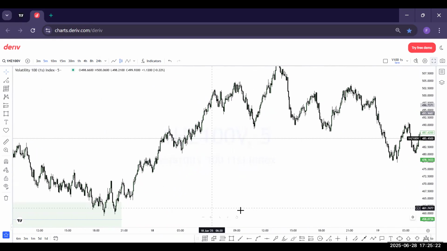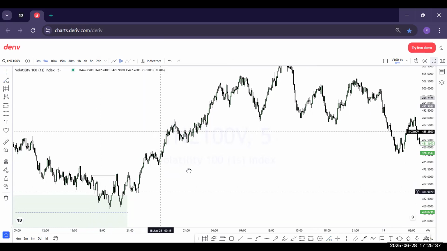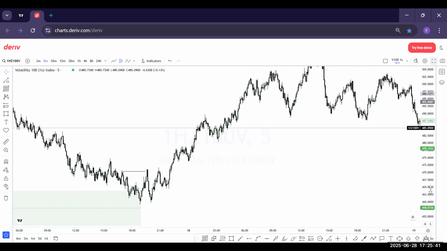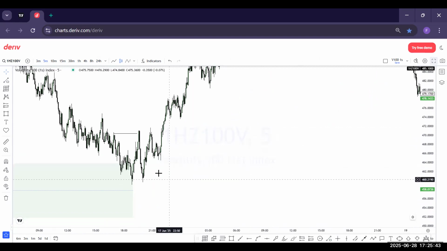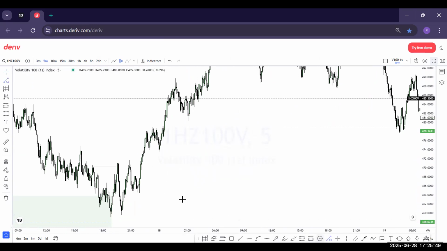So now, previously I marked this break of structure. I have a market structure shift here. Did price give us SBS here? No, price did not give us SBS. Market structure shifts. We have the break of structure.